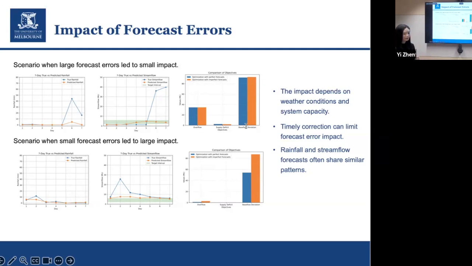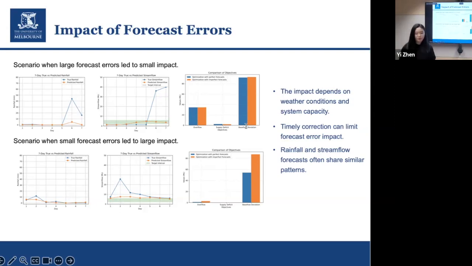However, when we look at the objective, the performance of the strategy, we can see that the optimization with perfect and imperfect forecast actually perform quite similarly. This is because the rainfall here is so large that it exceeds the system capacity, and the overflow and baseflow deviation can hardly be reduced even with perfect forecast.